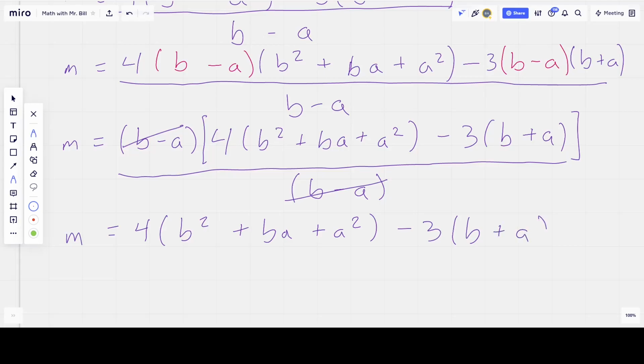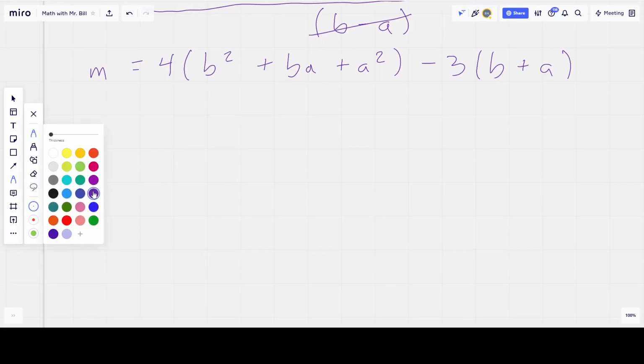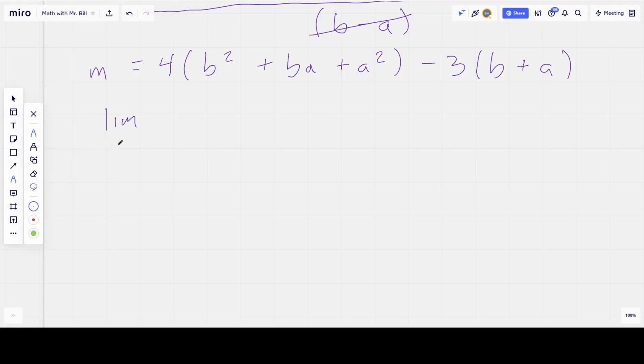So now we need to turn this into the derivative. And the derivative is essentially the limit as one point approaches another point. In other words, we can just think of the x values. We can say the limit as b approaches a of m, our slope.